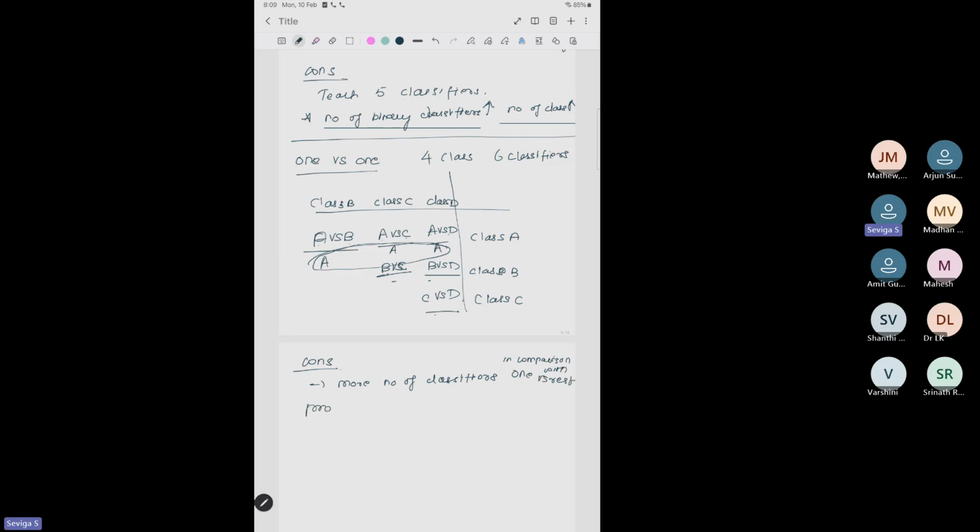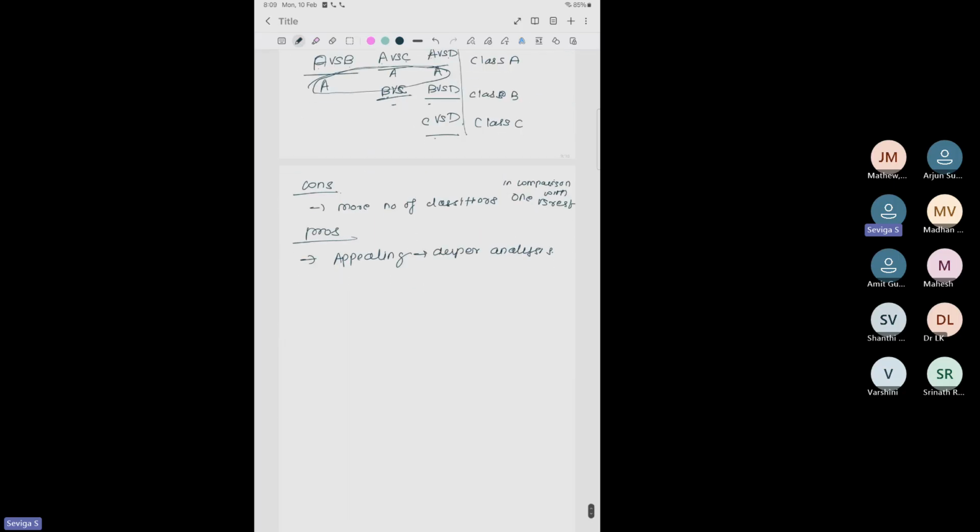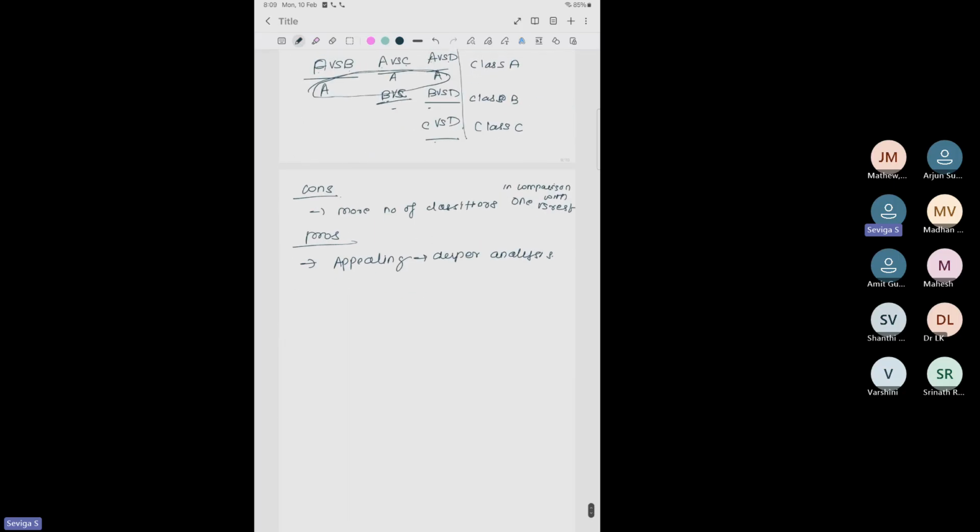But the pro here is that it is more appealing, because it provides a deeper analysis for each sample. With respect to the combination of the classes, it provides a deeper understanding. Sometimes there can be a messy overlap, but it is easier to understand with the final result.